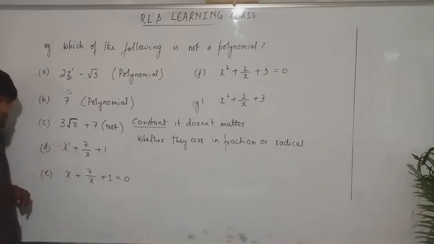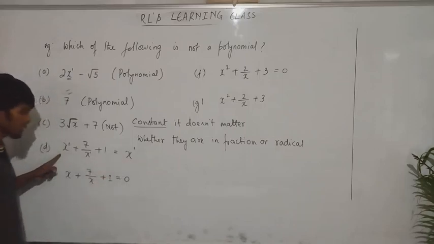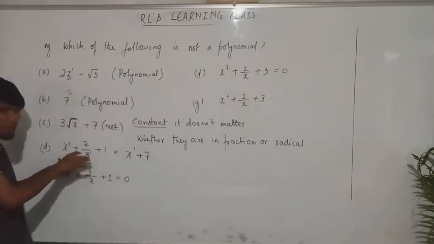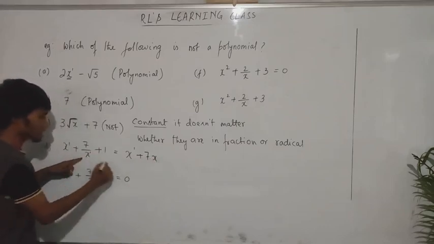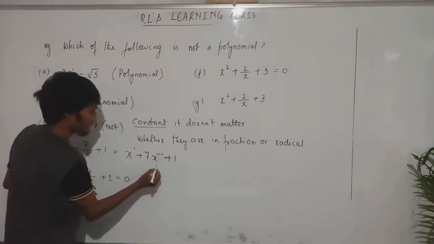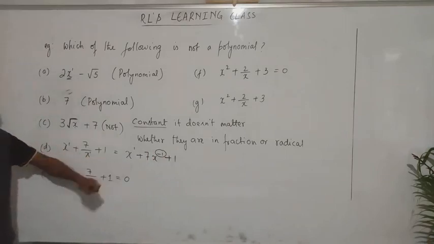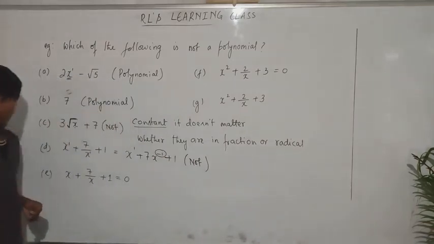Here the power is positive, and here the power also is positive, but this is not a polynomial, because we can write it like this: x to the power 1 is positive, plus 7, but this x from the denominator we have to take up. That plus will change to minus, then it will become plus 1. Now the power of the variable is negative, so this is not a polynomial.